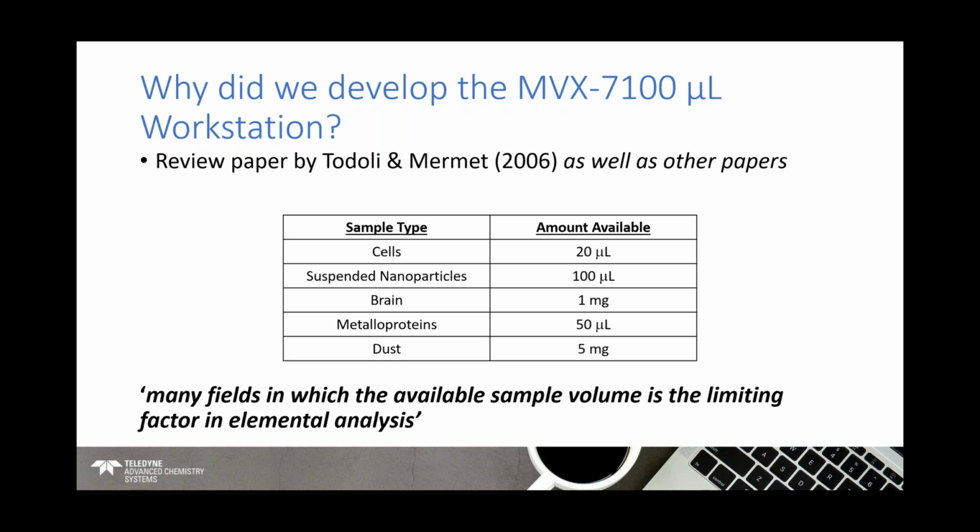The table here contains data from that publication, and one of the concluding statements from that review paper was that there are many fields in which the available sample volume is the limiting factor in elemental analysis. So we started putting some thought into this, and ultimately went down the road of developing the MVX 7100 system.